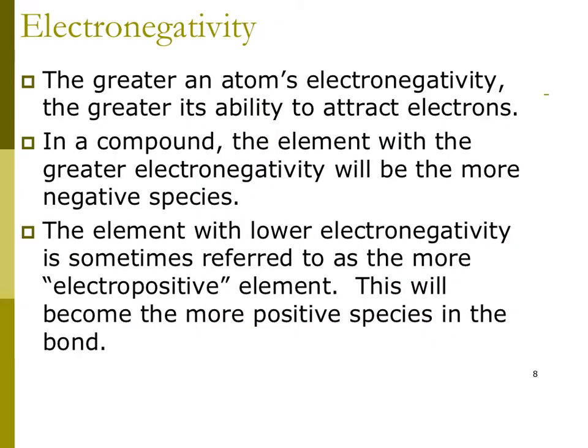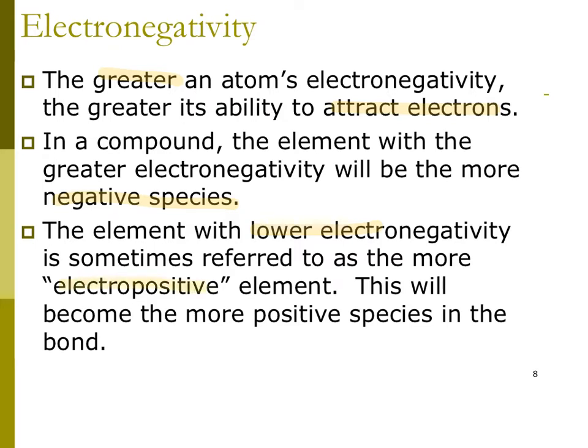So an atom that has a very high electronegativity would be good at attracting those electrons. Whatever is attracting electrons would become the more negative side of the molecule. This is where polarity comes in. That side of the molecule would now have a partial negative charge. By default, the atoms that have the lower electronegativity, or the part of the molecule where that electronegativity is less, would be deficit in electrons.